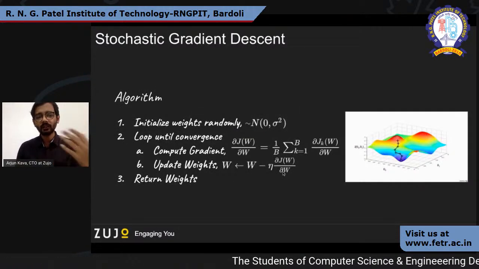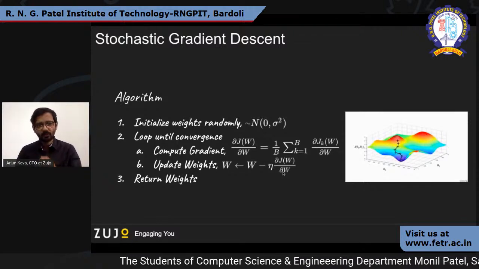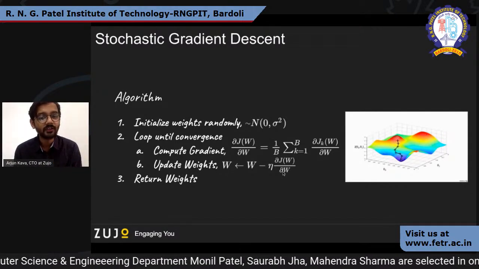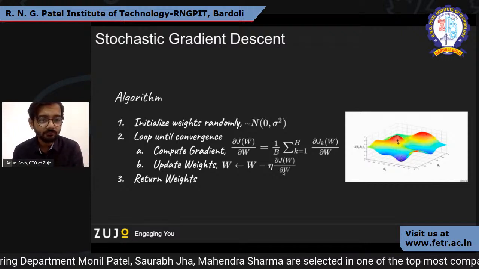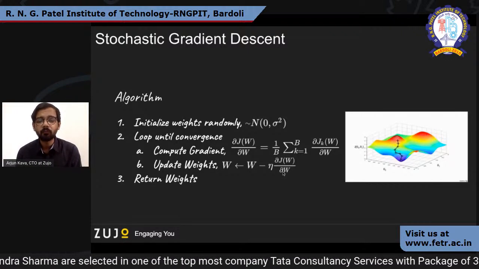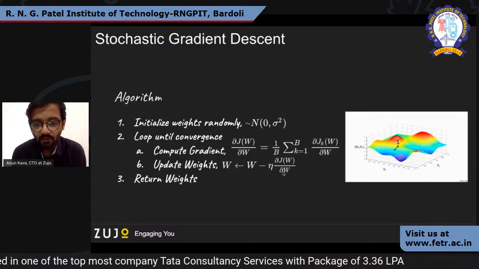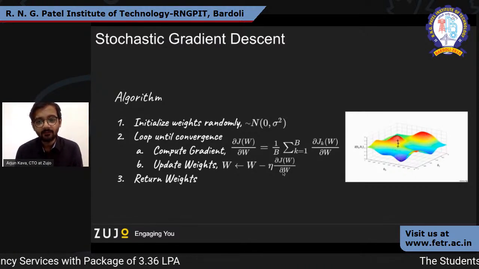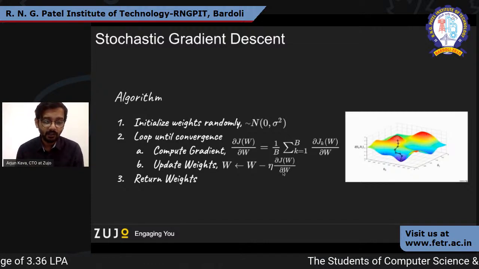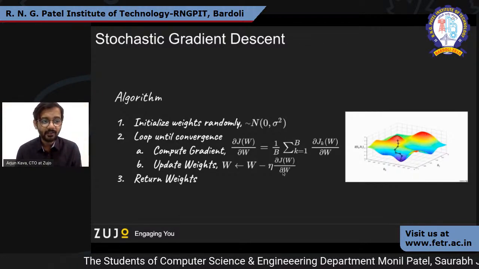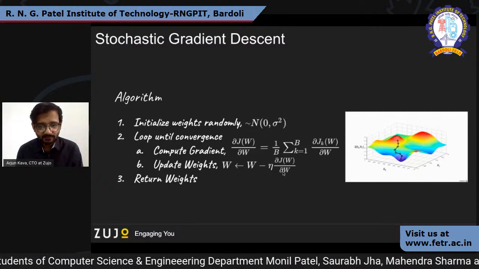Then we learned about stochastic gradient descent, where we explored the mini batch algorithm for computing the gradient, because for huge data sets we are not able to compute the gradient in only one computation, because of the limitation of memory as well as the CPU.